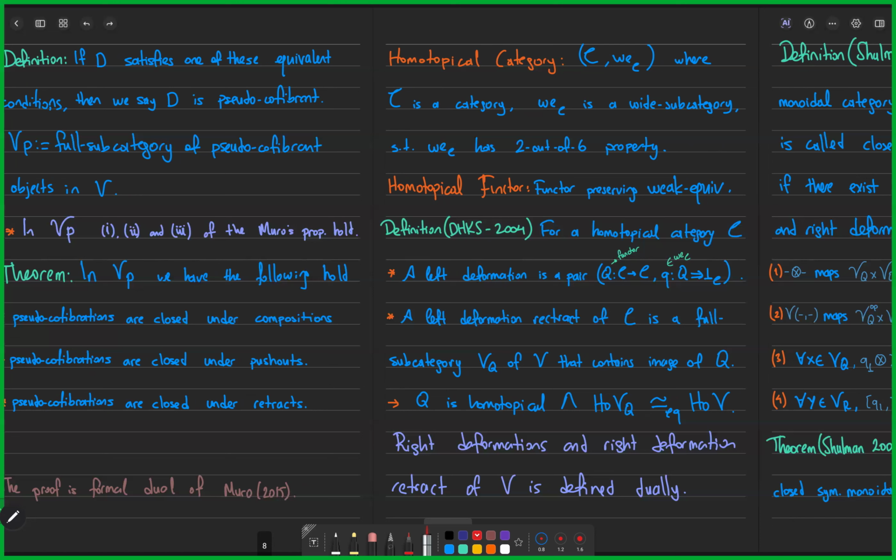And again, in Dwyer, Hirschhorn, Kan, Smith's book, there is the notion of deformations and deformation retracts of homotopical categories.